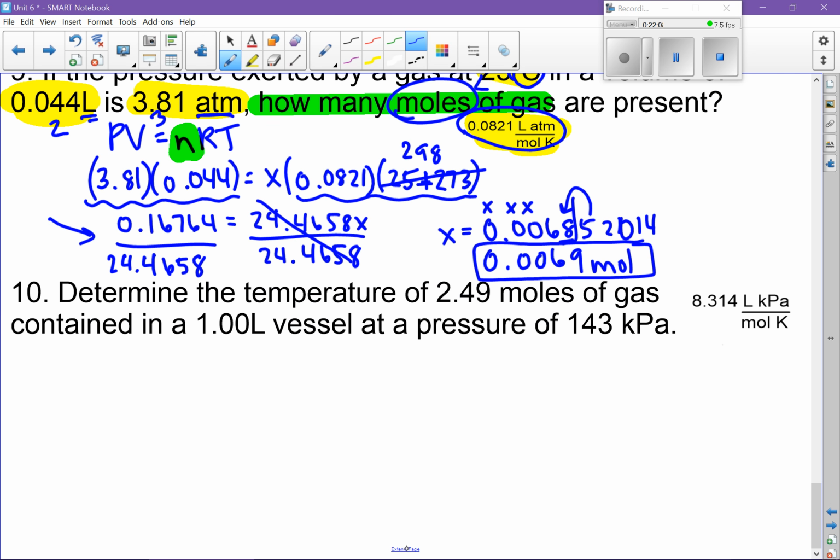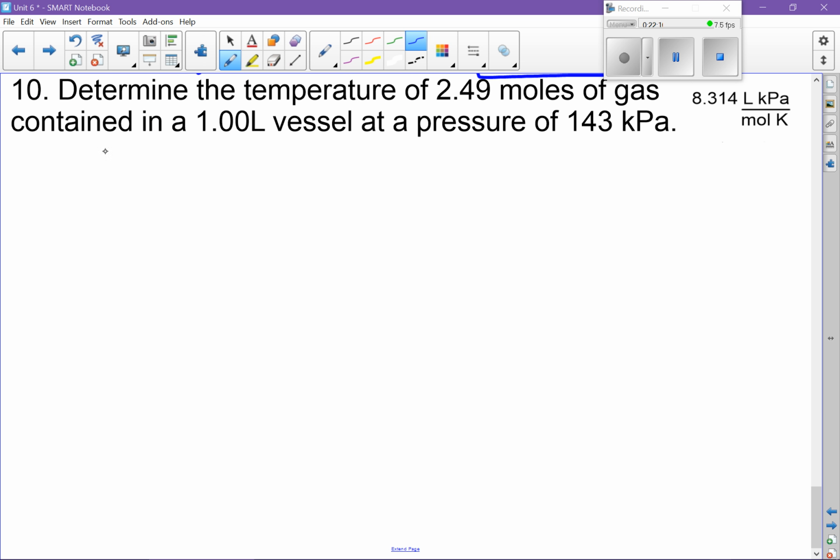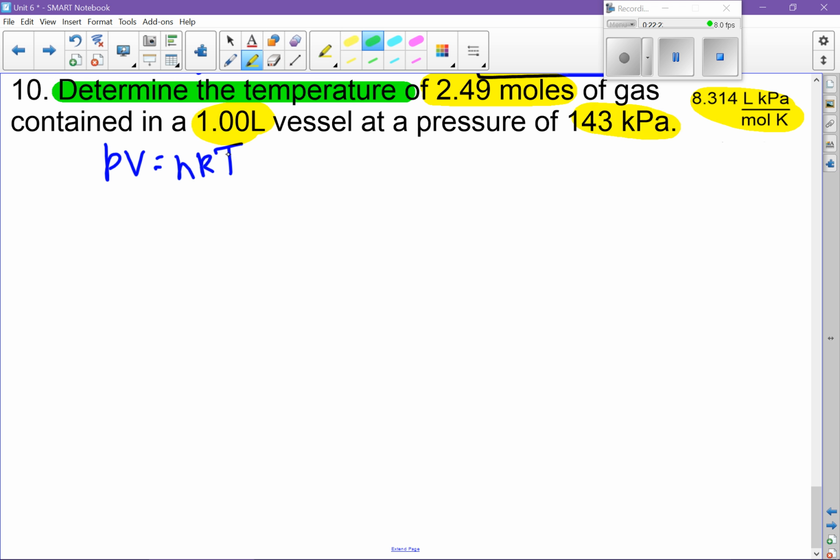Last problem. You made it. PivNert. Find yourself some numbers. What do you need here? There's something, there's something. There's one, there's one. And this question says determine the temperature. So that means T is where the X will go. That's the piece that I don't know. So let's find a pressure.